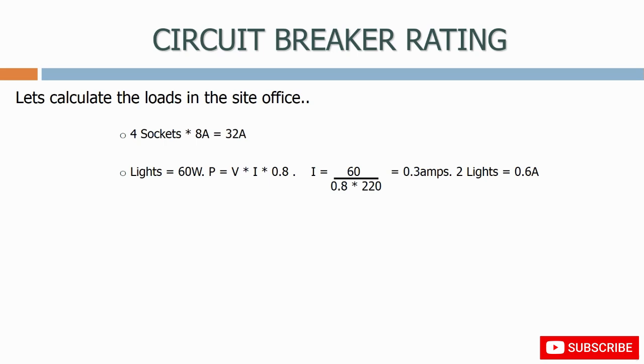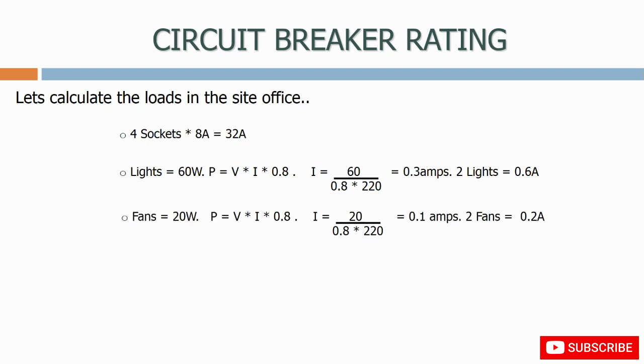Using our standard power equation, the power equals the voltage times the current times the power factor, which in this case we'll assume is 0.8. Therefore, transposing the equation, the current equals 60 watts divided by 0.8, which is the power factor, multiplied by 220 volts, equals 0.3 amps. Therefore, for 2 lights, the current drawn will be 0.6 amps.